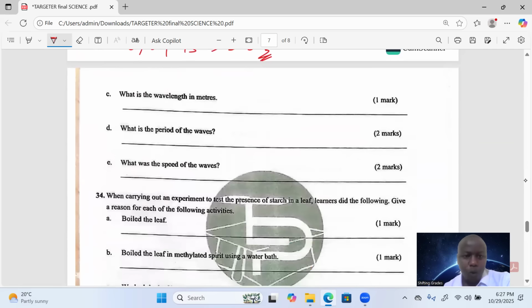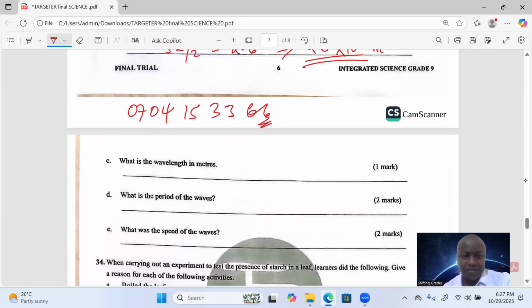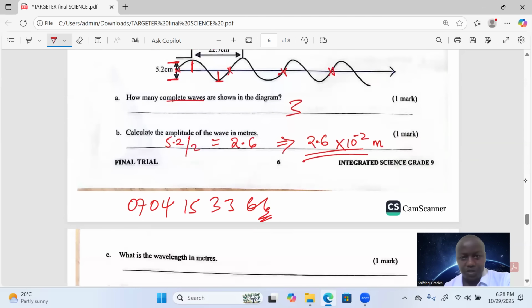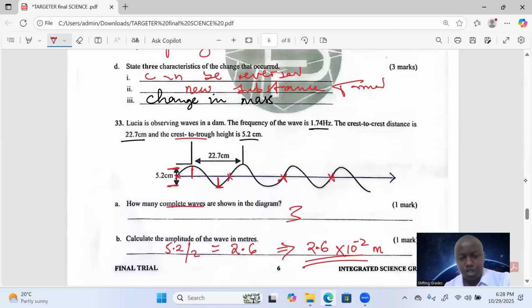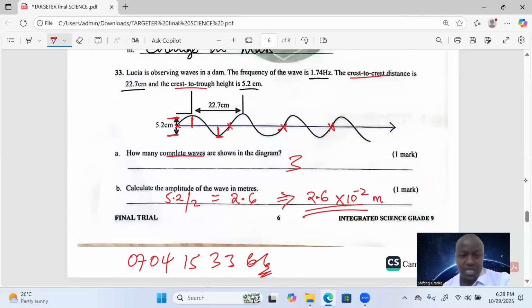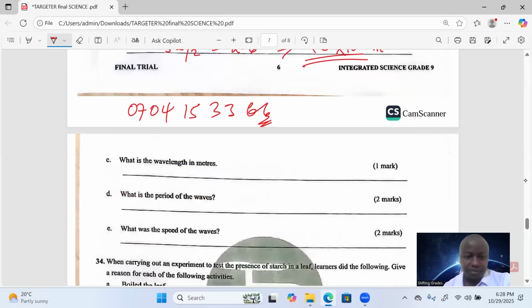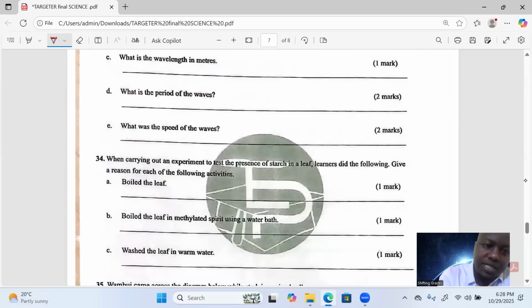Part C. What is the wavelength in meters? Wavelength is usually the distance between 2 successive crests, 2 successive troughs, or the distance between any 2 points that are in phase. Crest to crest, 22.7. So 22.7 centimeters.